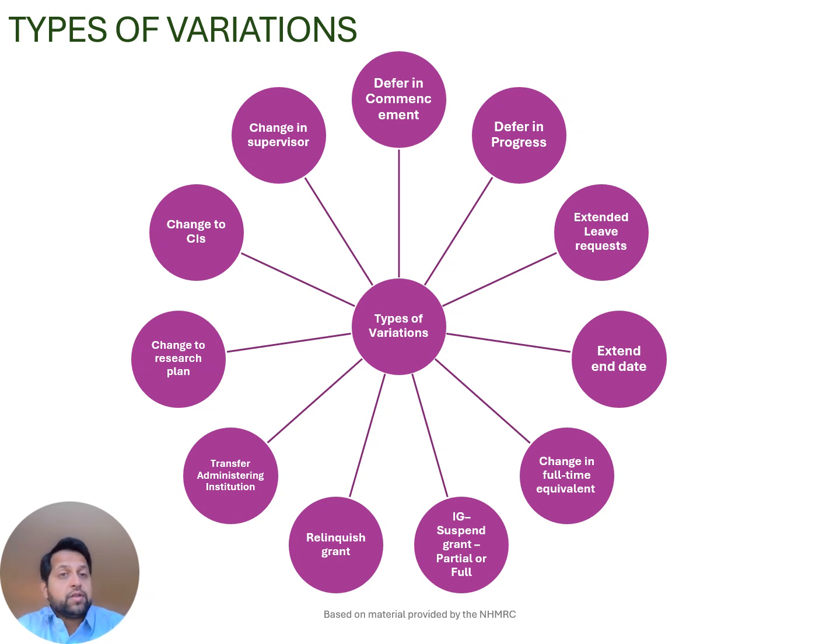If the CI team changes, that's a massive change to the project, because the team capability that was in your application when you submitted it is in question again, right? When you have a CI change, that will be assessed by NHMRC on a case-by-case basis. It's not that they'll always approve it, so be very careful of what you're submitting.